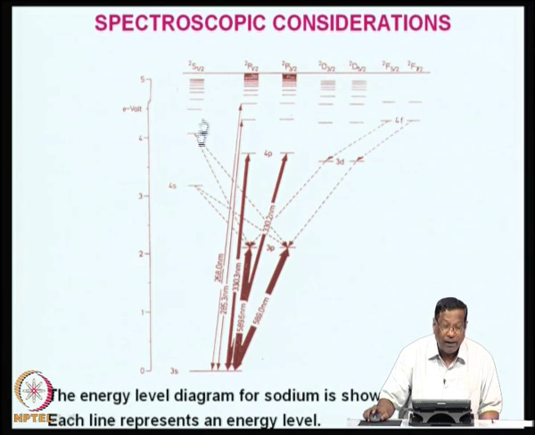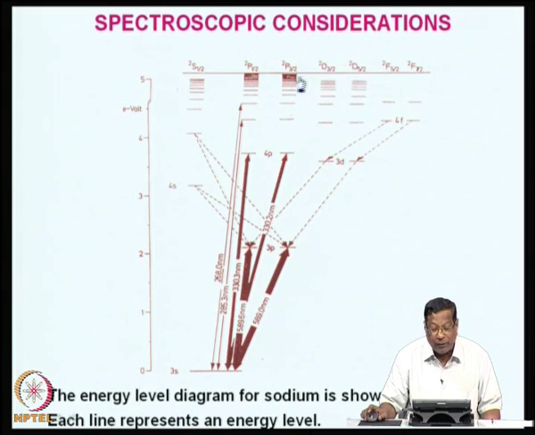You will see here a number of lines until they are merging together nearby in this range. And then similarly, this corresponds to 2s half, and another energy level corresponds to 3p by 2, 3d 3 by 2, 2d 5 by 2, 2f 5 by 2 and 2f 7 by 2.